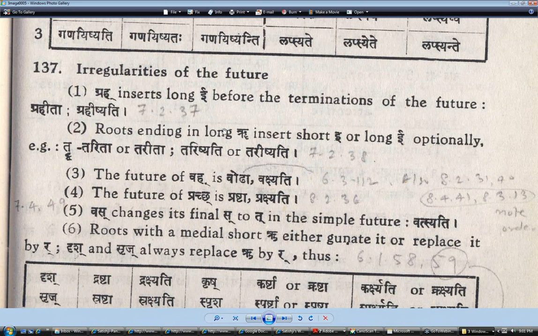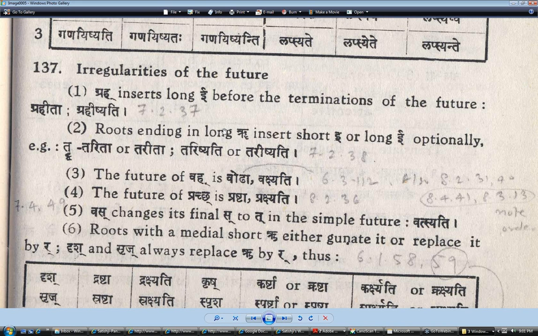Now the next point, number 3, you can use all sandhi rules. Use 63112 for the ordha, and also 8231, 8240. Use sandhi rules 8441 is shchuna shchuh, 8313 is jhalo lopah. These are all sandhi rules, so you can use them.